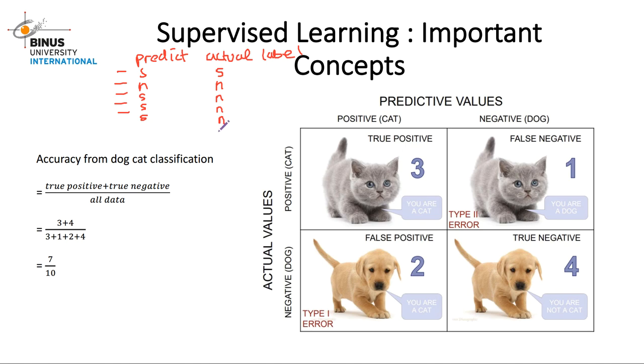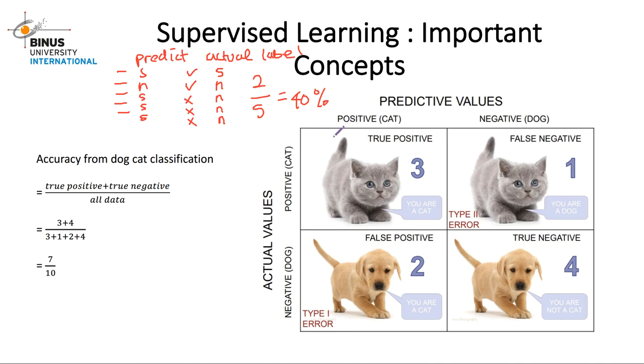So how to calculate accuracy is easy, because this is correct, this is correct, this is incorrect, this is incorrect, this is incorrect. So you have only 2 out of 5 accuracy, or equals 40%. This is very bad, because you can only predict 2 out of 5 correctly.